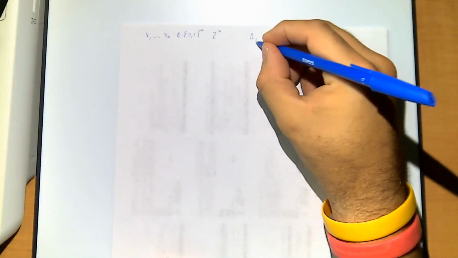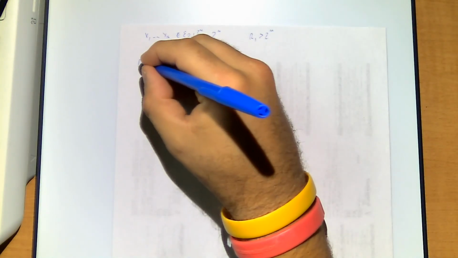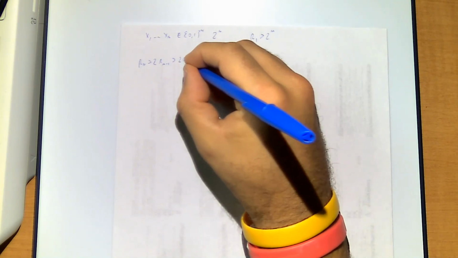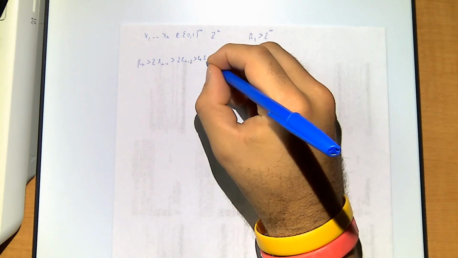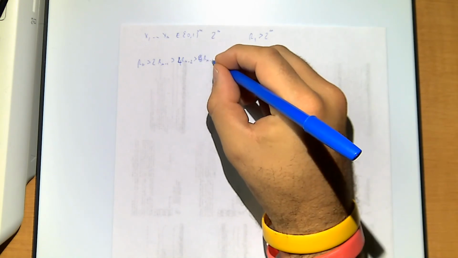Okay, so let's start from, for example, R1, the first element in my sequence. How big should this be? Well, if this is too small, then there are some easy attacks. So actually, this one should be already bigger than 2 to the n. And then because, of course, Rn is bigger than 2 Rn minus 1, which is bigger than 2 Rn minus 2, and so on, this is in particular bigger than 4 Rn minus 2, and this is bigger than 8 Rn minus 3, and so on.